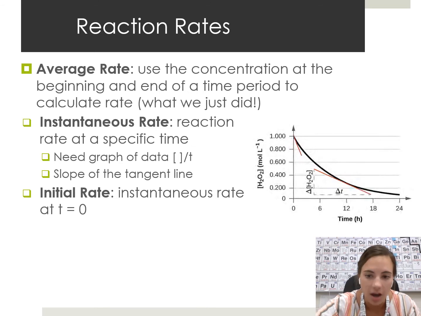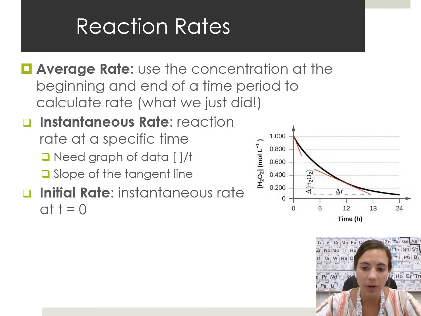You will not be given a question where you have to calculate any type of slope of a tangent line. You just need to be aware of how an instantaneous rate, which is at one point in time, is different than an average rate, which is over a period of time. And then the initial rate is the instantaneous rate at time equals 0. So you just need to be aware of how those 3 different rates are different.